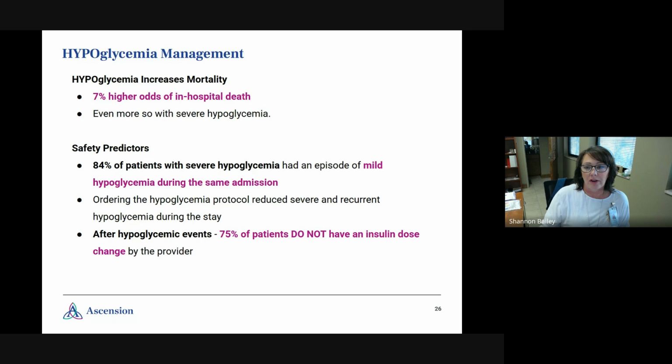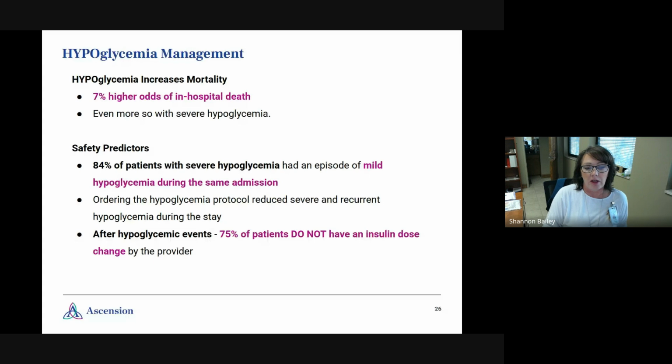So those that have already had a low blood sugar are at greater risk for having another one today, tomorrow, or the next day. So if you know the patient's had a low blood sugar, pay attention and watch them closer. Ordering the hypoglycemia protocol does reduce severe and recurrent hypoglycemia during the stay.